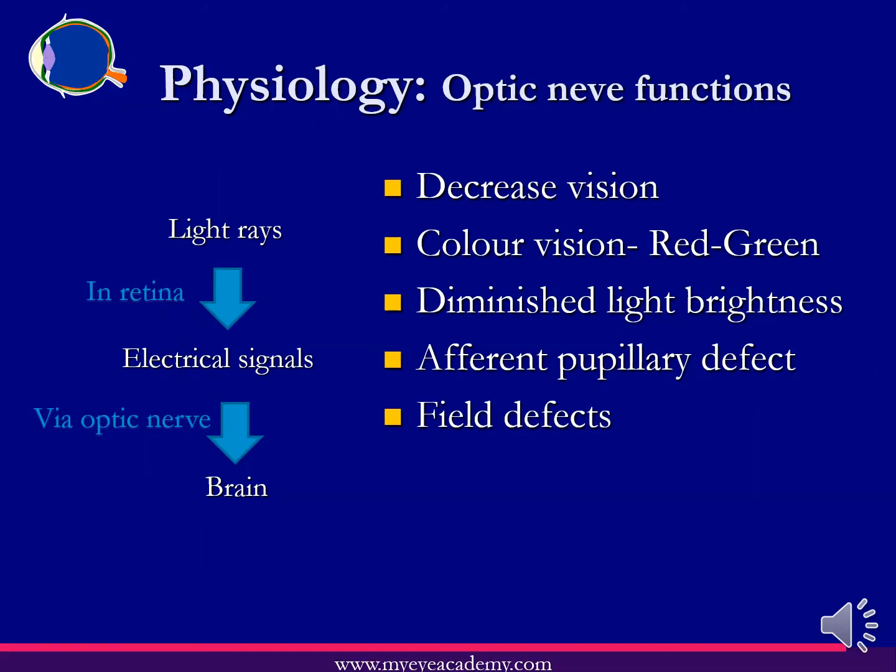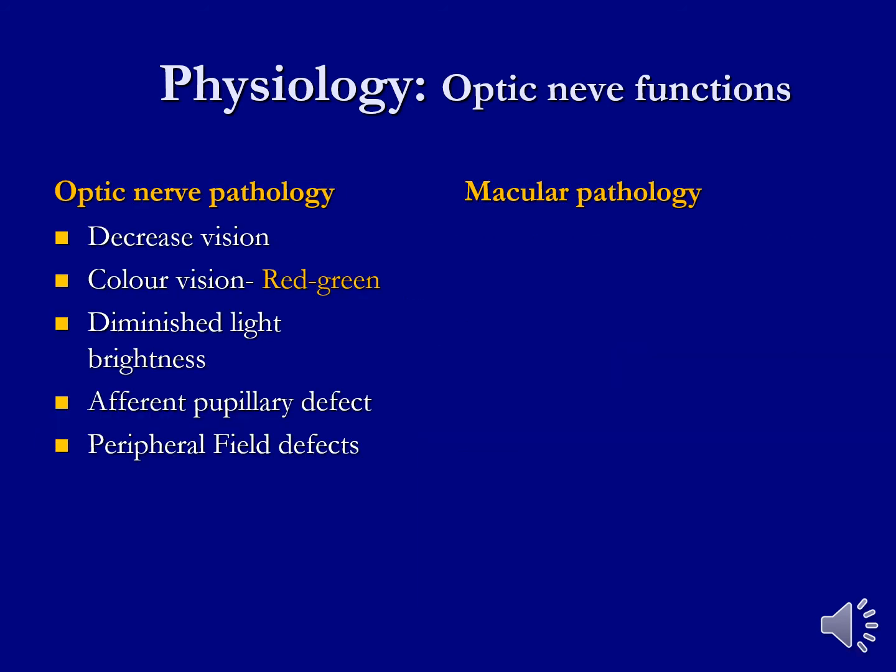Optic nerve function is measured with 5 clinical tests. When the optic nerve is not functioning, there will be decreased visual acuity, decreased color vision in the red-green spectrum, diminished light brightness, afferent pupillary defect, and field defects, which are usually peripheral. With the help of these 5 clinical tests, we distinguish between the optic nerve pathology and macular pathology. Visual acuity will be decreased in both.